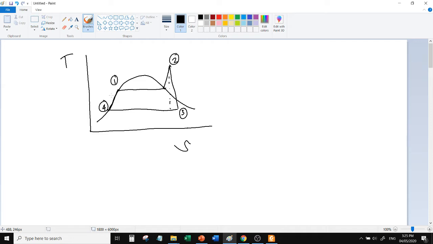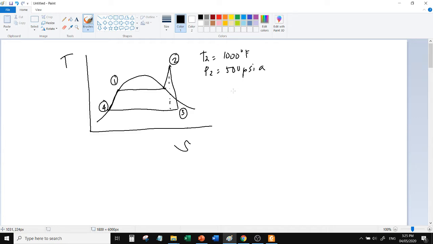Given the superheated steam at 1,000, no, T2 actually. T2 is 1,000 degrees Fahrenheit. Of course, the pressure is 500 psi steam, so 500 psia.